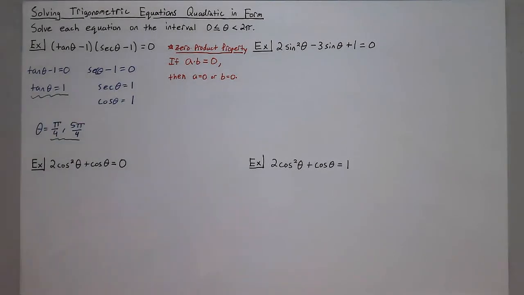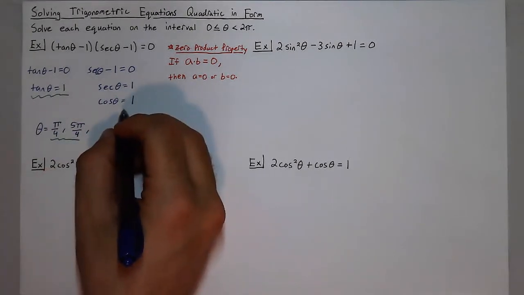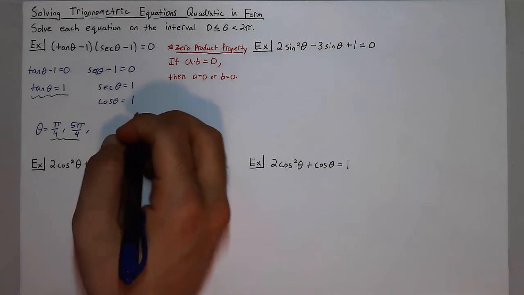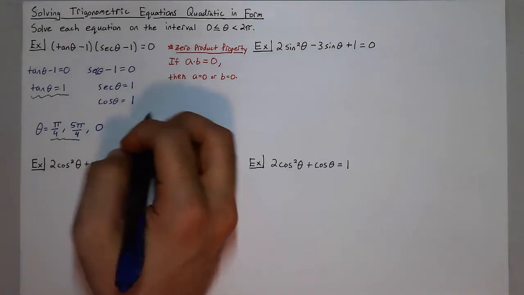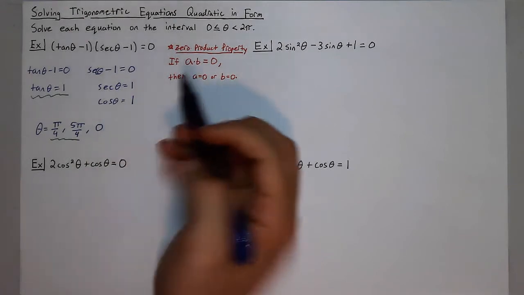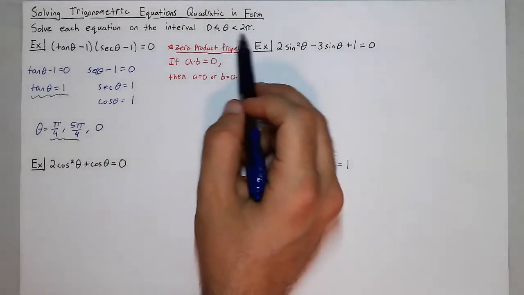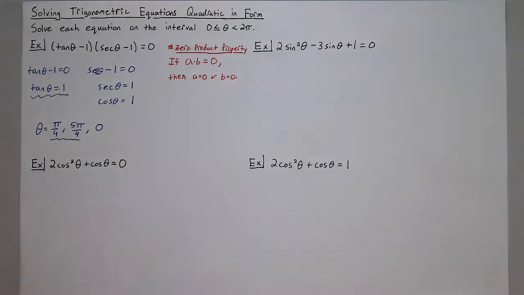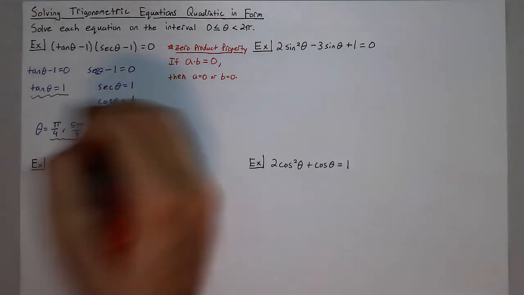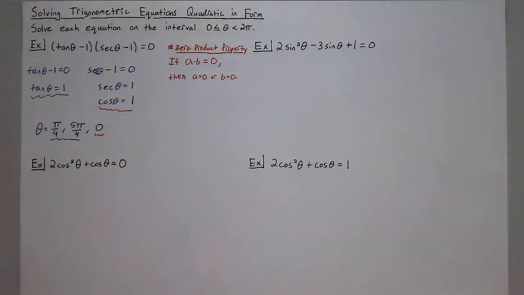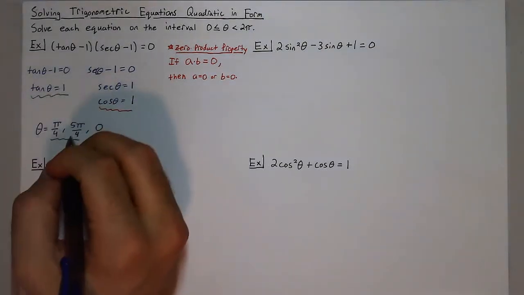And where is cosine of theta equal to 1? Well, this happens at 0 and at 2 pi. But I'm not going to use 2 pi since it's not inside of my domain. So I'll just use 0 for this solution. And these three angles would be the solution to the equation.